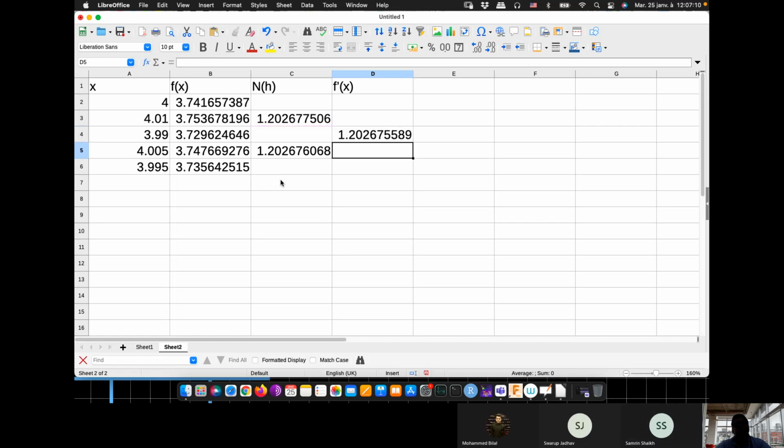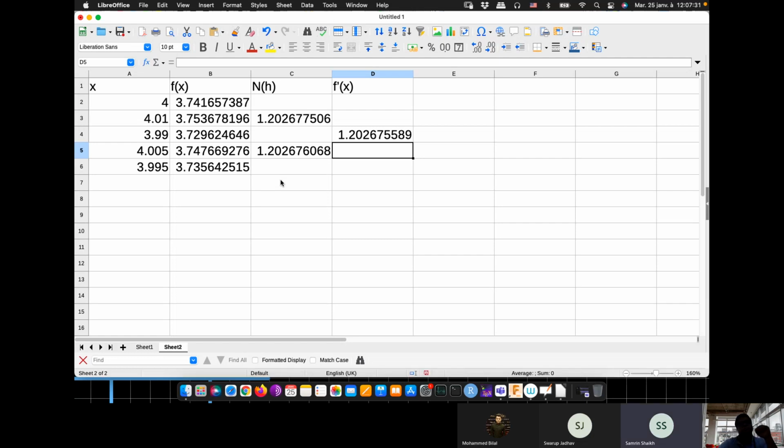Now using this particular mechanism, you have been able to calculate the derivative f prime of x. So tell me whether this method is simpler or the analytical method is simpler.